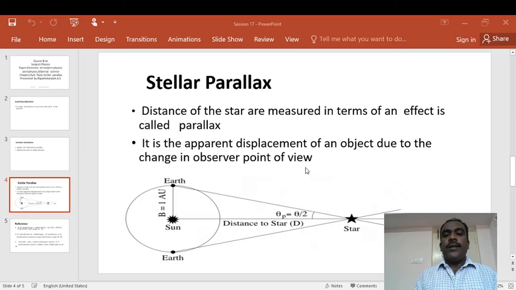So theta is equal to 1 by d, and we take d is equal to 1 arc second. It's called parallax. So already we know what a light year, parsec and astronomical unit are.